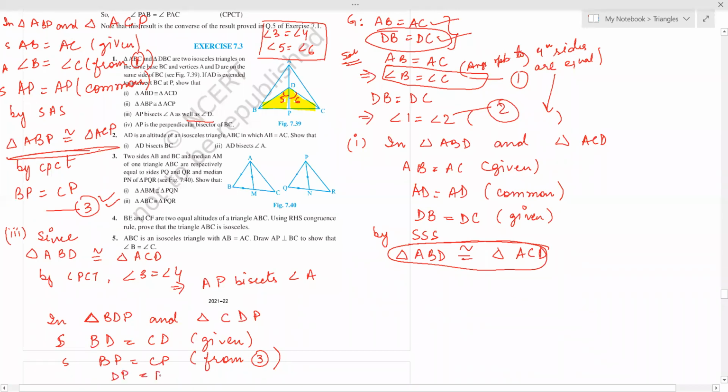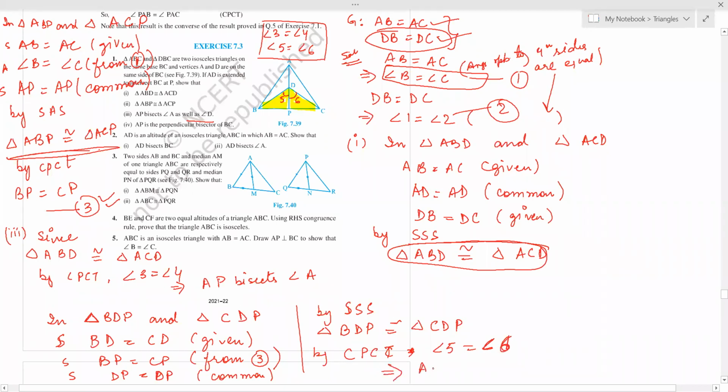Yes, so DP is equal to DP, this is common. So by SSS criteria, these two triangles are congruent. So triangle BDP is congruent to triangle CDP. So we have proved they are congruent. Now it's simple. By CPCT, angle 5 is equal to angle 6. And this implies that AP also bisects angle D. So far, so good.